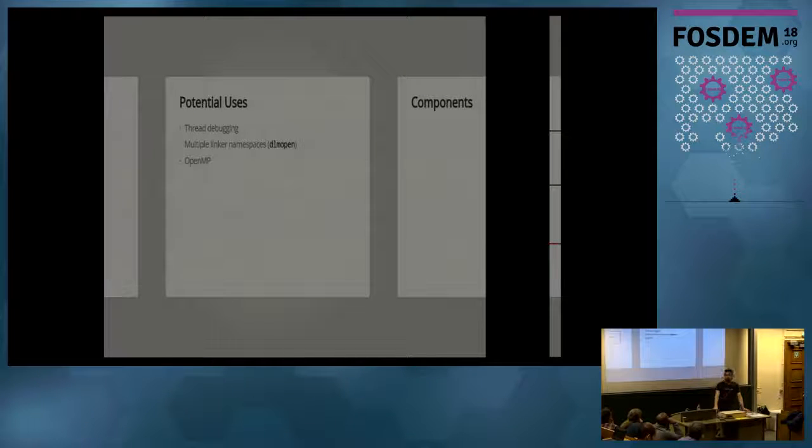Another potential use I mentioned earlier is OpenMP, which has its own debug library to access various things about what it's doing. Then ASAN and TSAN, address sanitizer and thread sanitizer from Clang. Is it Clang? Do people say Clang? Yeah.